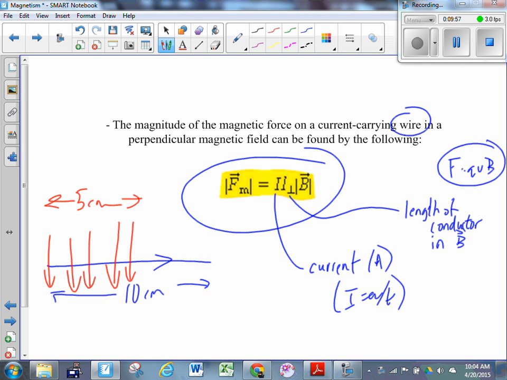The wire is 10 centimeters long, only 5 centimeters is within the magnetic field, we're going to use 5. It's the part of the wire that's exposed to the magnetic field. And that's going to be measured in meters.